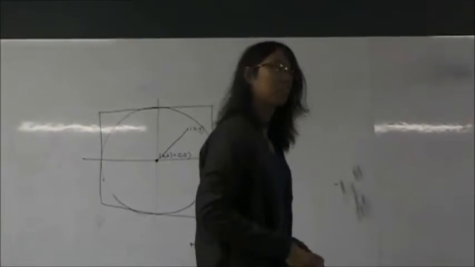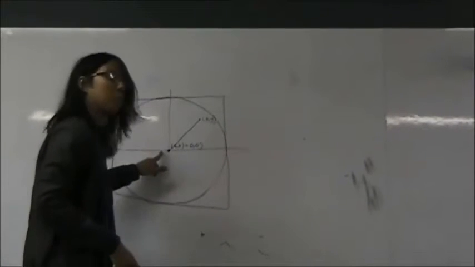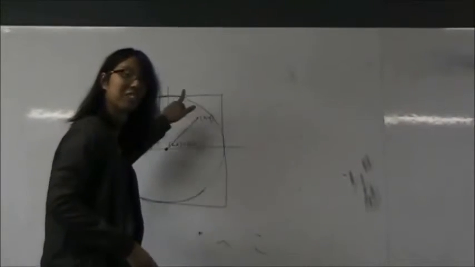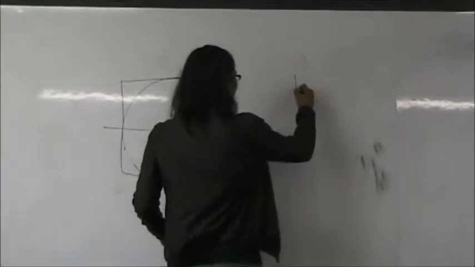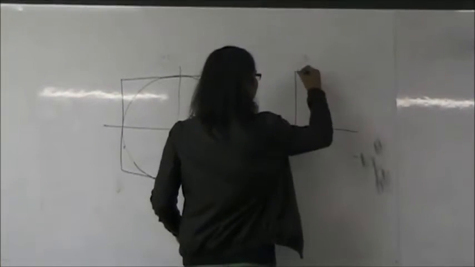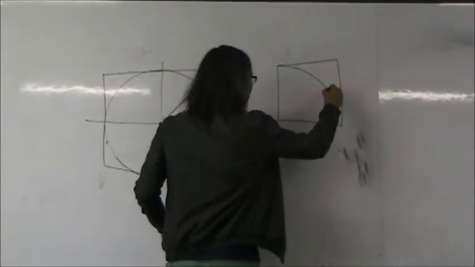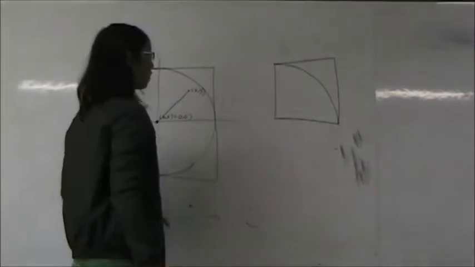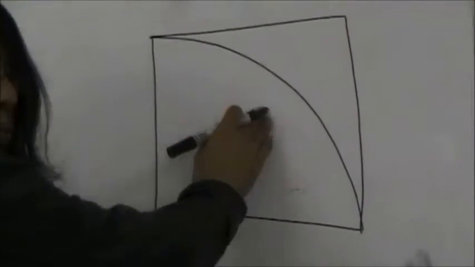And to make it much easier, why not have just a quarter of the circle? Remove all of this and just have this, which is also a square anyway, and a quarter circle, and have the points generated in this, and calculate the radius of the point.